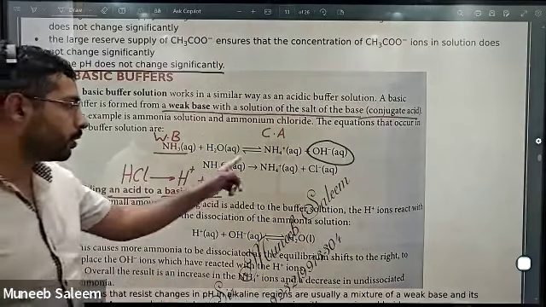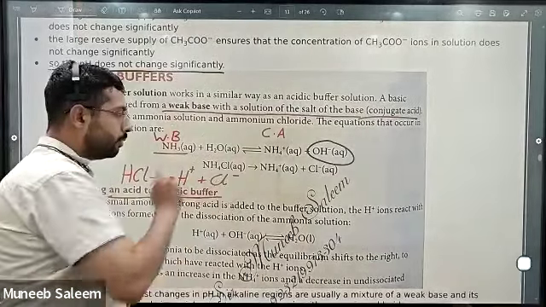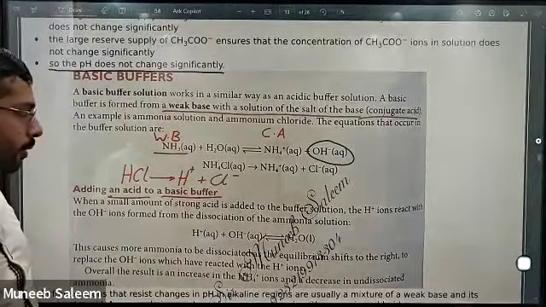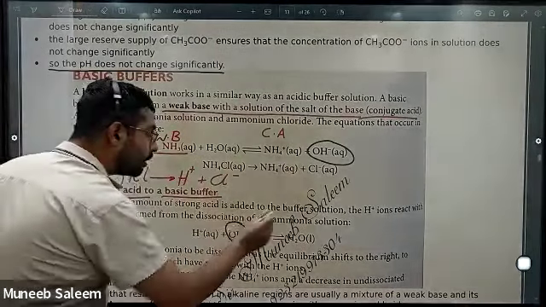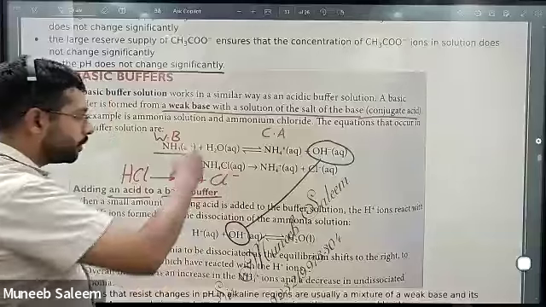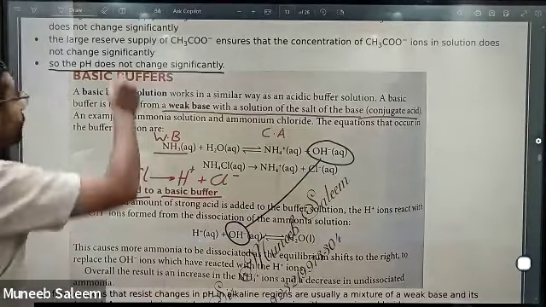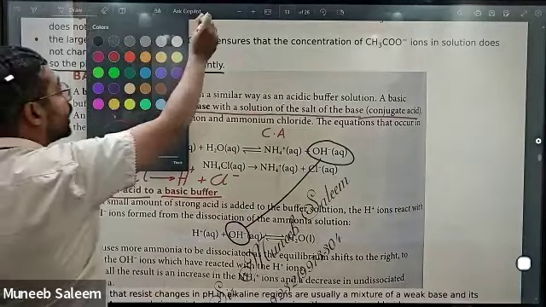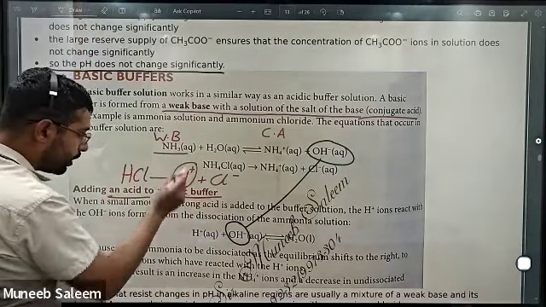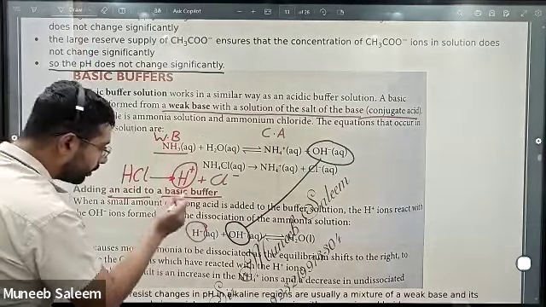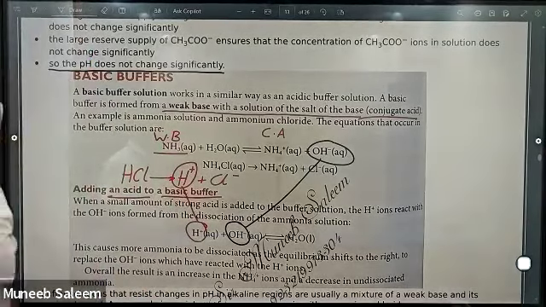Although they are less in amount because we have the equilibrium arrow over here, this hydroxide ion is coming from the weak base, and this hydrogen ion is coming from the externally added HCl.